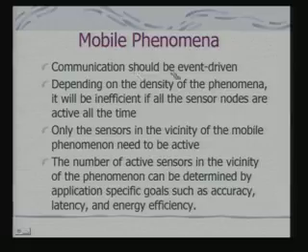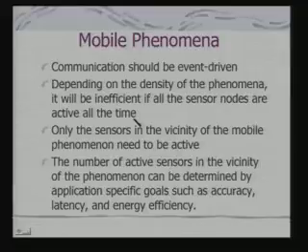When it is a mobile phenomena, typically the communication should be event driven. That means you are tracking, say, a target. Whenever a node detects a target, that is an event. So, the whole communication should be set up in an event driven fashion. Depending on the density of the phenomena, it will be inefficient if all the sensor nodes are active all the time.